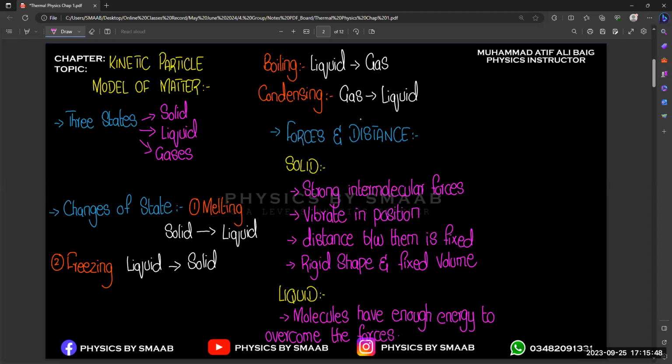That's why their intermolecular forces are weak as compared to the solid, because they are able to overcome those forces, right? And the second point, vibrate in position for solid. So liquids are not able to vibrate just like the solid.